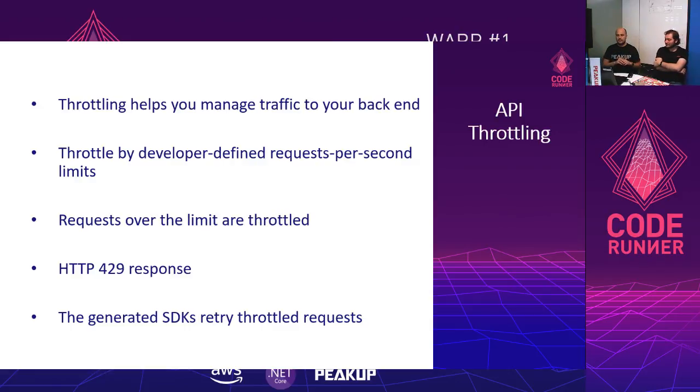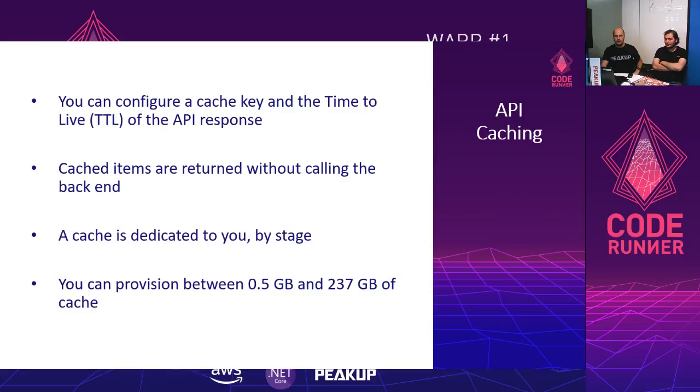And the generated SDKs can also handle these results. So it's a very good feature, I think. We use this kind of limitation against customer attacks and for more control over our APIs. Yes, we can manage our traffic.